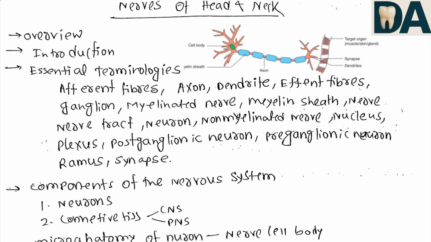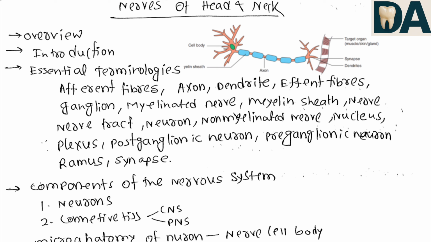Axon. Axon is a long cellular extension of the nerve cell body that carries impulses away from the cell body of the neuron, also called the nerve fiber. Dendrite. Dendrite is a short cellular extension of the nerve cell body that conducts impulses towards the cell body of the neuron.